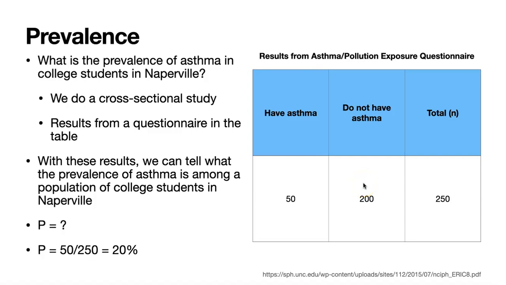Now, this is hypothetical data. I didn't really survey college students in Naperville, but with our results, we find out what the prevalence of asthma is among this population. So using our formula, number of cases divided by the population gives us a prevalence of 20%.